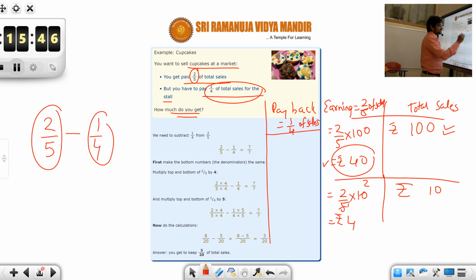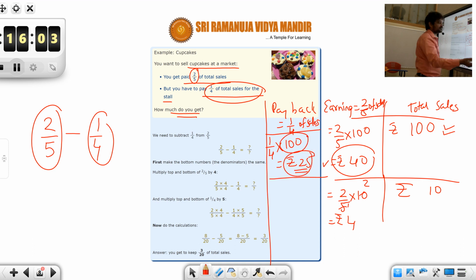So here I am taking some numerical example. If the total sales are 100, you need to pay back 25. That is, 40 you will earn by selling, and again you need to pay back 25. So you will be left with only 15 rupees.